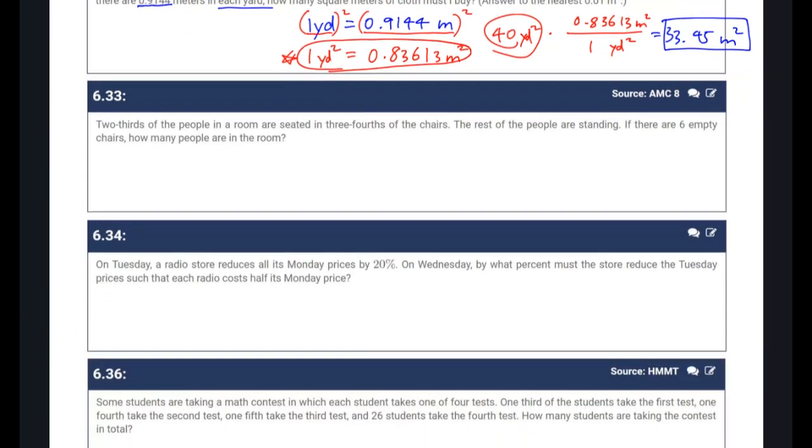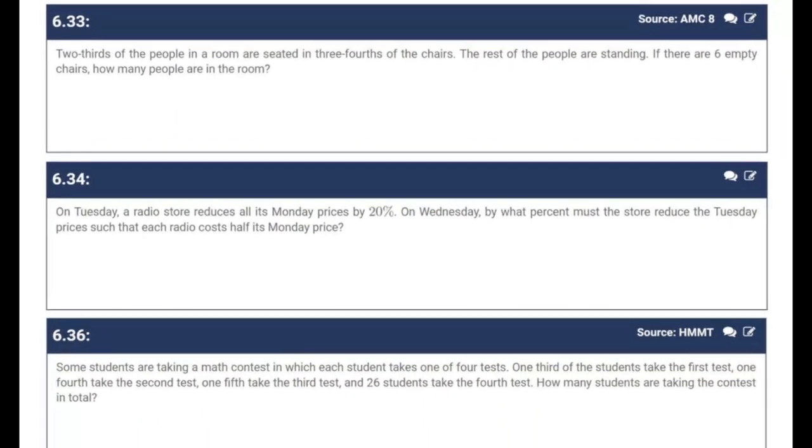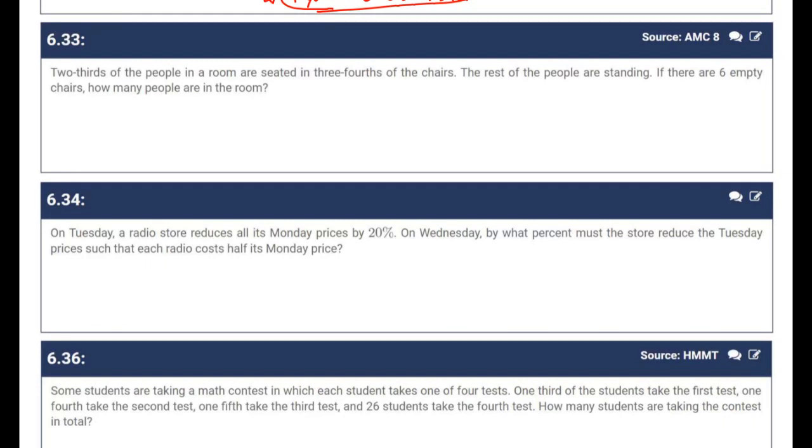Moving on to 33. All right. The question says 2/3 of the people in a room. So 2/3 of people, where P stands for the total number of people in the room, okay? Are seated in 3/4 of the chairs. So 3/4 of the chairs.